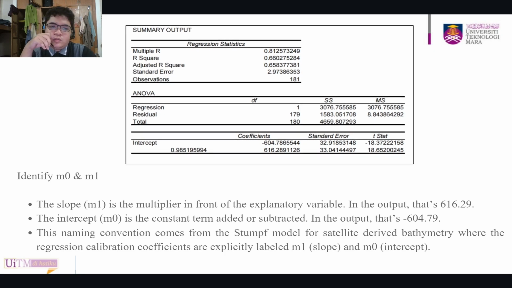This is the summary output of the regression statistics to identify M0 and M1. M1 is 616.29, and M0 is negative 604.79. You can also see my standard error, RMSE, which is 2.97. M1 and M0 are the coefficients, as you can see there. So that's basically it. Continue on.